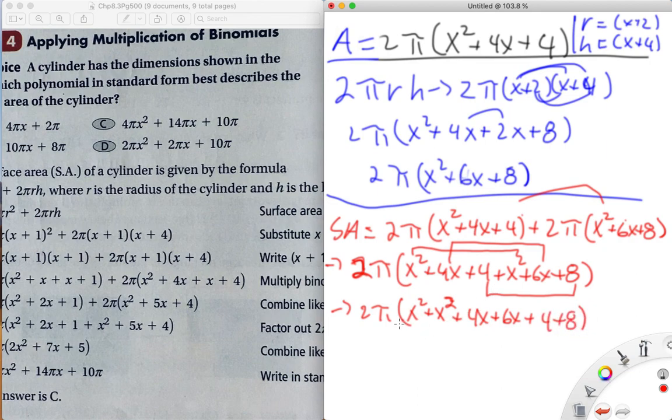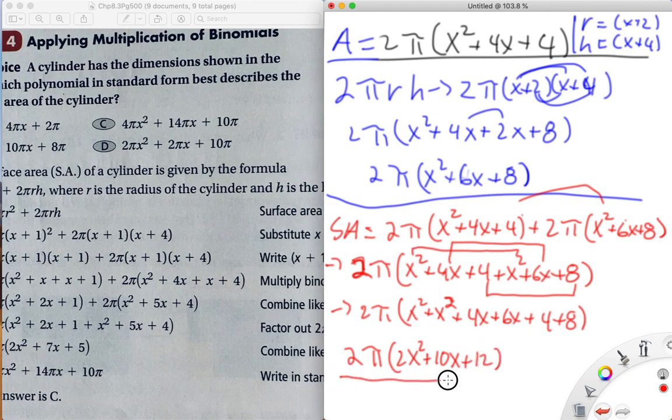And then I add them up. My final answer is going to be 2 pi times: x squared plus x squared is 2x squared, 4x plus 6x is 10x, and 4 plus 8 is 12.